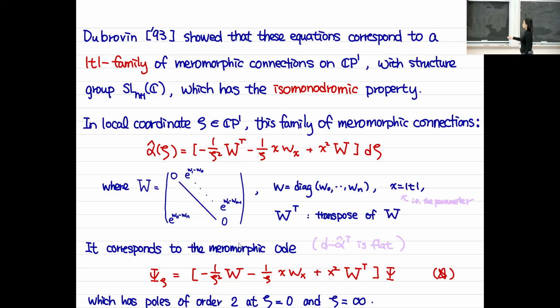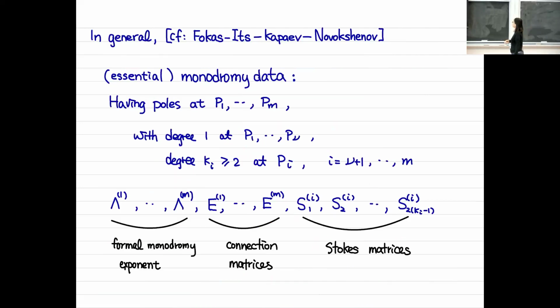You see that the coefficient here is the transpose, so that's just the W. From this meromorphic ODE, you see that you have a pole here at 0, and this corresponds to the pole at infinity. So they are both order 2 poles. So this is the meromorphic ODE. So this is the general idea.